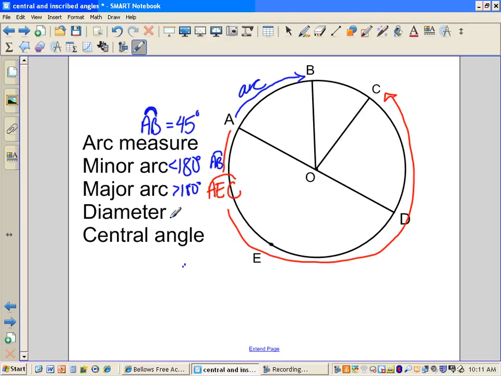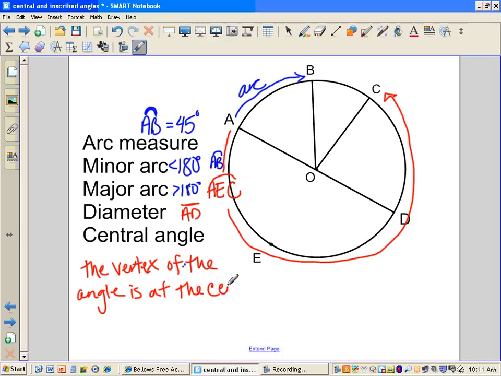The diameter, of course, goes right through the center of the circle, so the diameter of this circle is A to D, and that's a line, so we put a line on top. And then the central angle is any angle where the vertex is at the center of the circle.